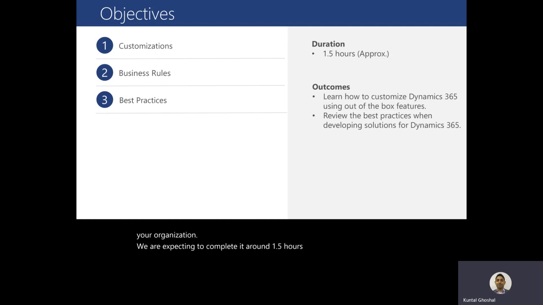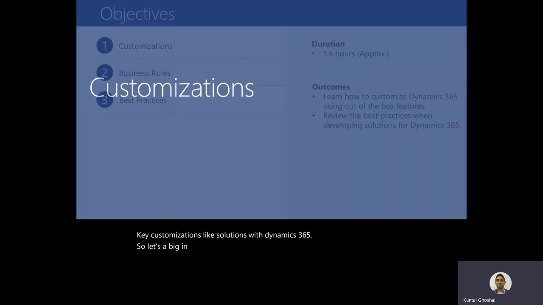After this tech talk, you will have learned how to customize Dynamics 365 using out of the box features, as well as review the best practices when developing key customizations like solutions with Dynamics 365. So let's begin the tech talk.